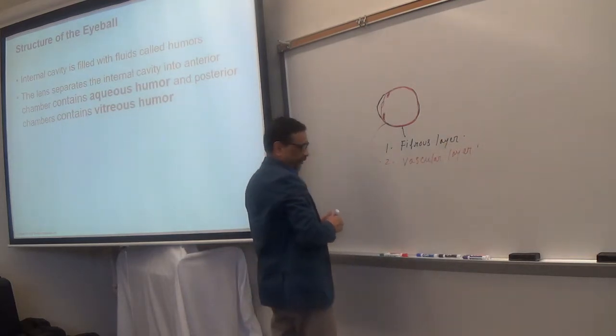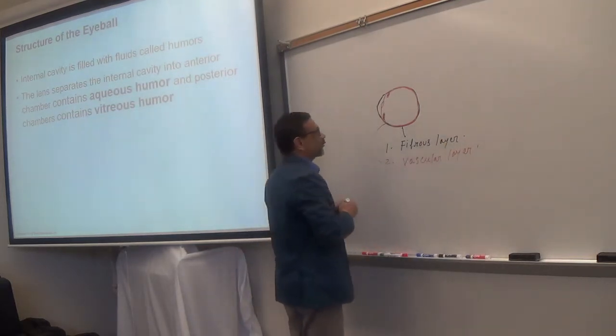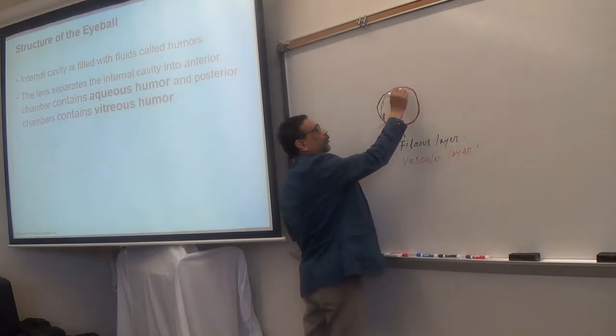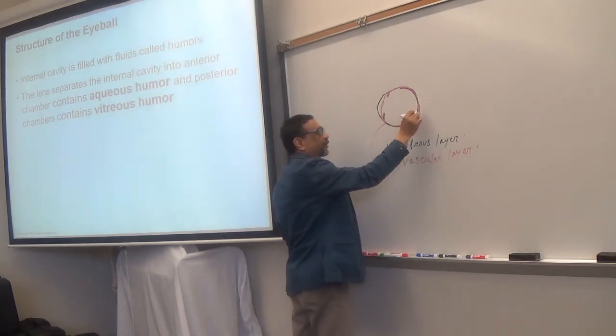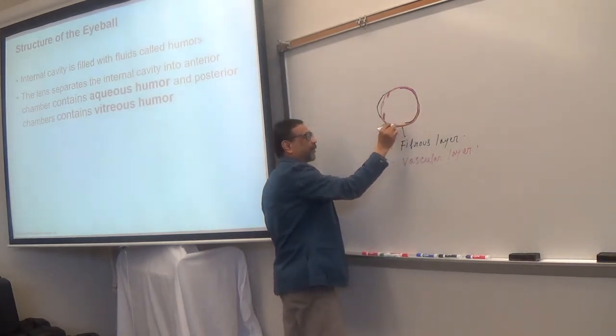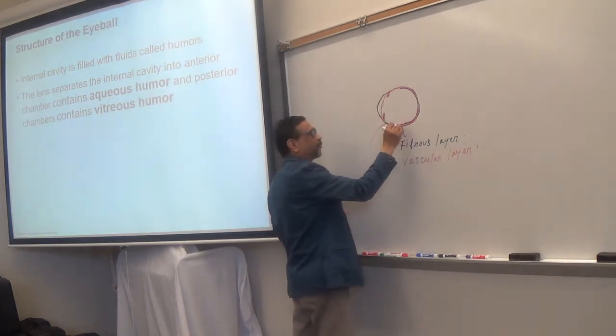And then you have the innermost one, which is only present in the back part, posterior part of the eyeball, not everywhere.